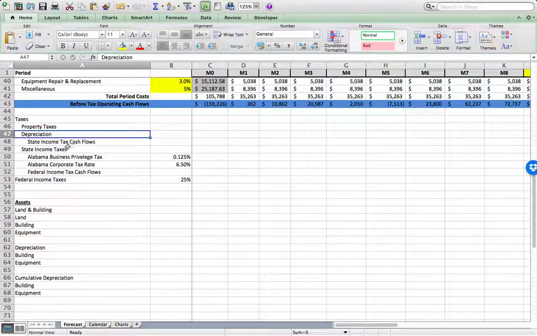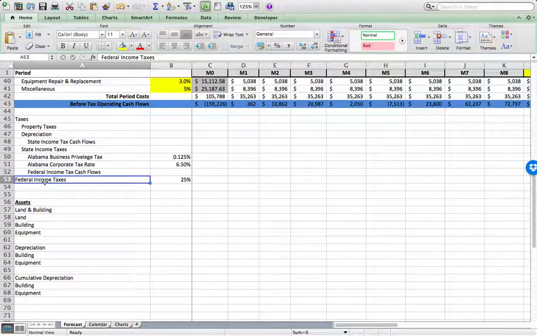We'll have a state income tax in the form of both a business privilege tax and a corporate tax. And then we'll have a federal income tax. I've looked up some rates. You can certainly Google and find out for your state what those rates are, but this example's for Alabama, obviously. But the bottom line is there are those taxes.